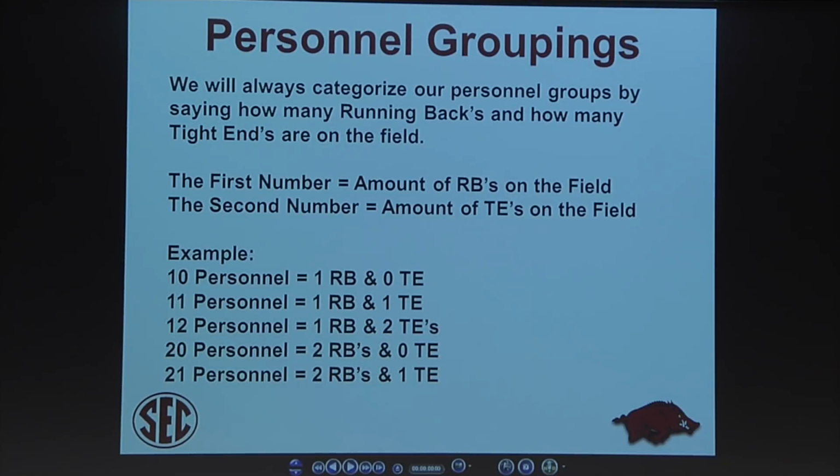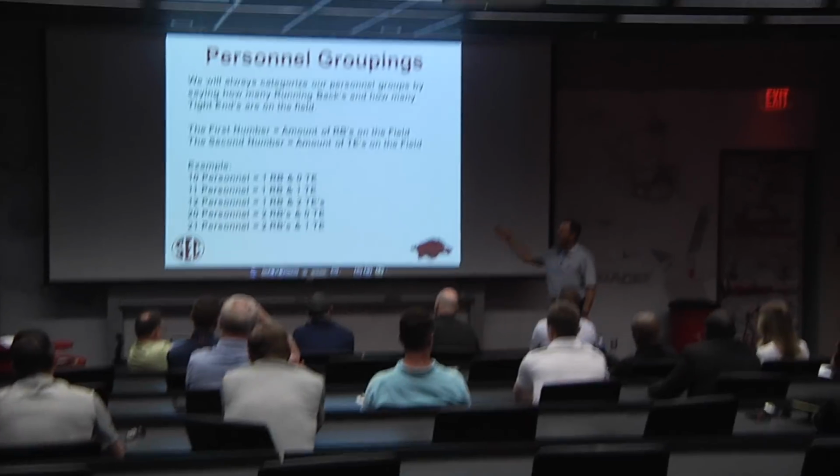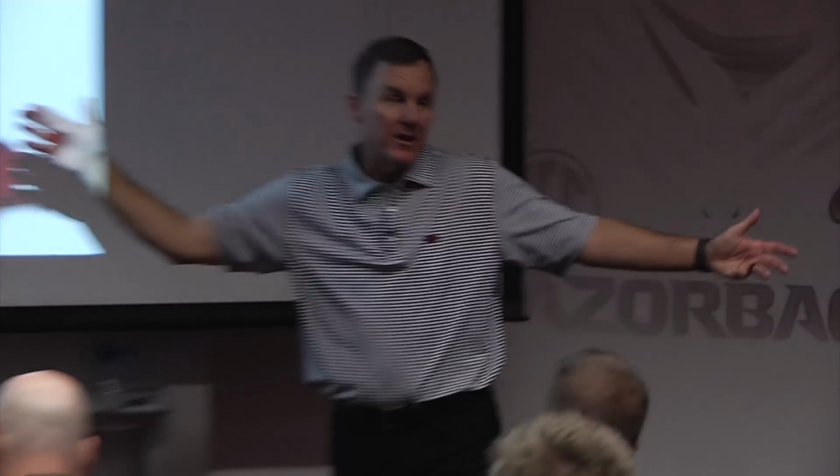Would you want to? I hope you are. We're going to put a lot of points on you. No, you won't. You're going to see when they see 10 personnel, there's no tight end on the field, they're immediately going to bring a better athlete or a nickel Sam or someone else on the field that's going to help them out. They may go dime at that point.